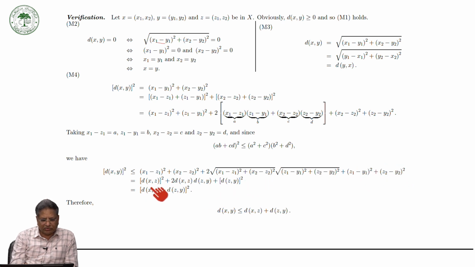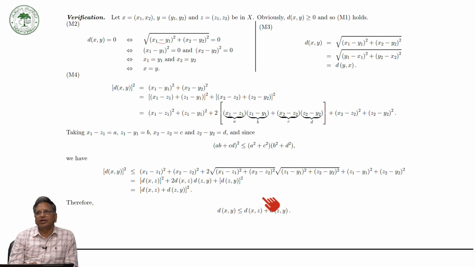The whole thing is the square of dxz plus dzy, whole square. So dxy square is less than or equal to (dxz plus dzy) whole square. Now take the square root on both sides, and you will get the triangular inequality.